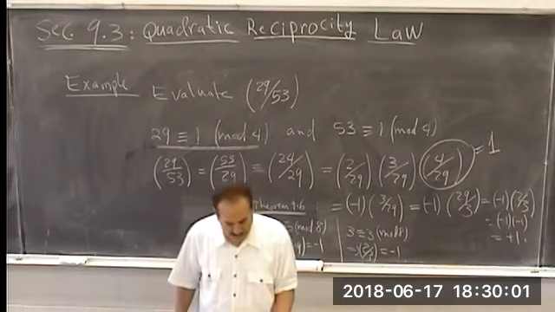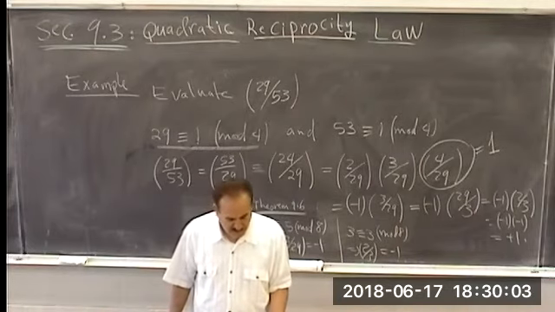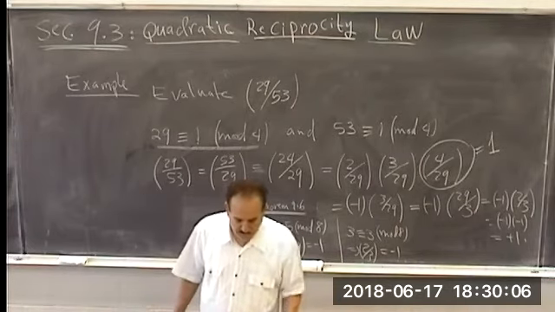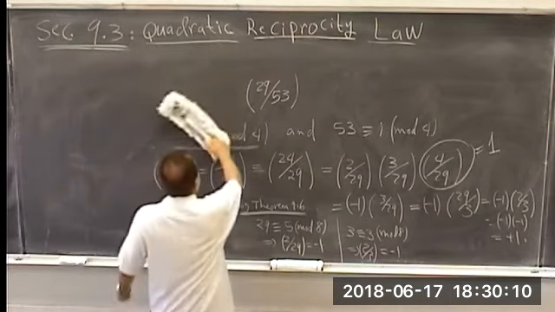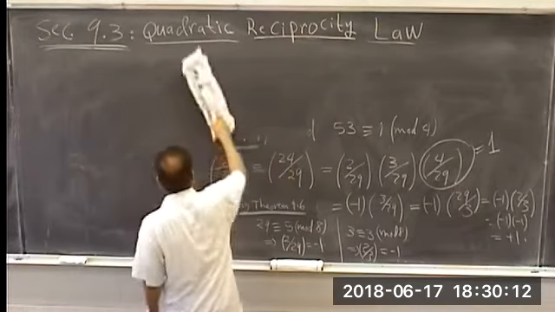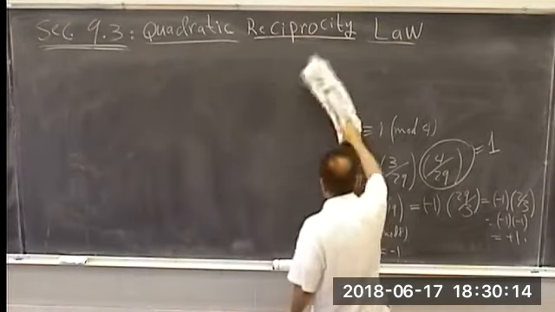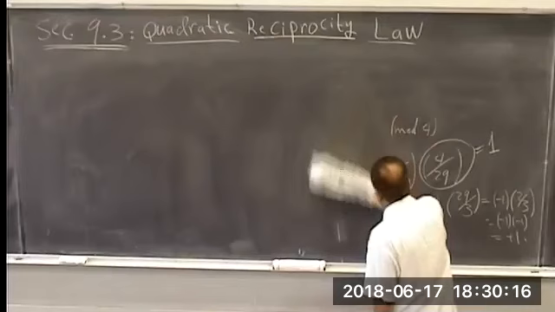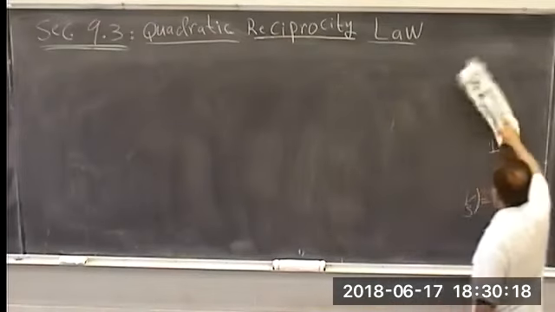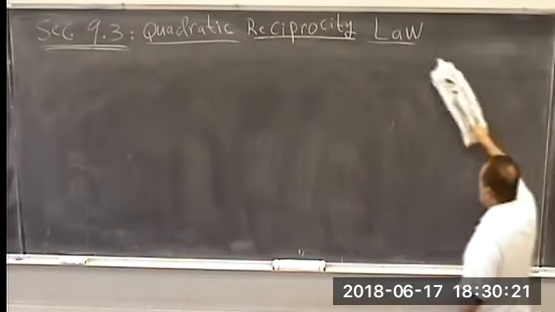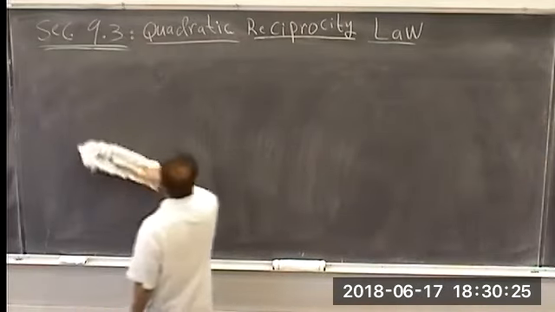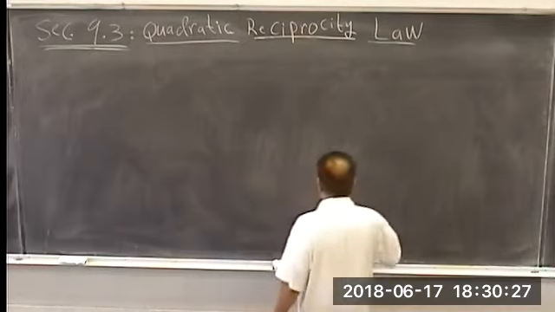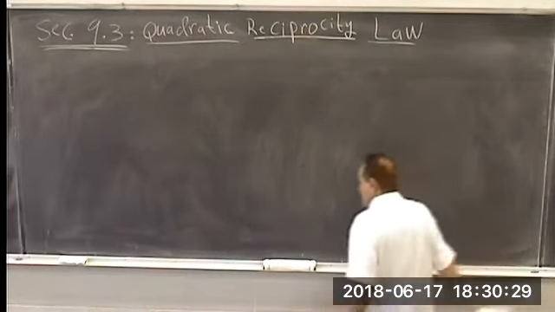All right. Another application I want to look at is to find, remember, one of the two fundamental problems of quadratic residue theory: given an integer a, to find all the primes that a is a quadratic residue of, or quadratic non-residue.